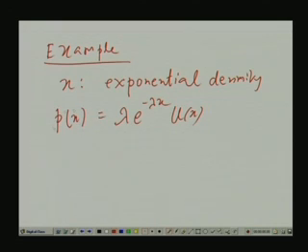So this probability density has value 0 for all negative x, and for all non-negative x its value is lambda e to the power minus lambda x. Lambda is a parameter which is found out by integrating this with respect to x and equating that to 1.